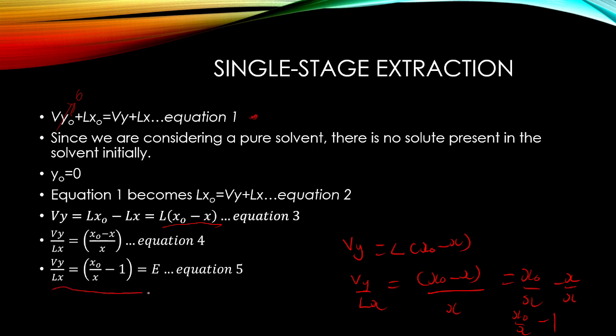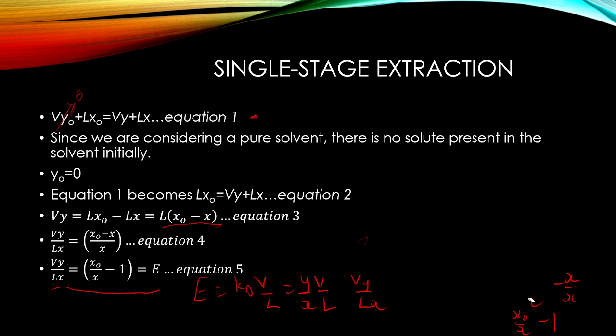Now this is equal to the extraction factor, because we said the extraction factor was Kd V over L, and we said Kd was y over x, times V over L. So we see this in here. We see our y over x, we see our V over our L. Now remember we did the balance for the solute, so it means the y and the x here are for the solute. So there's no specific need to write y subscript b or x subscript b, but you can decide to if you want to.